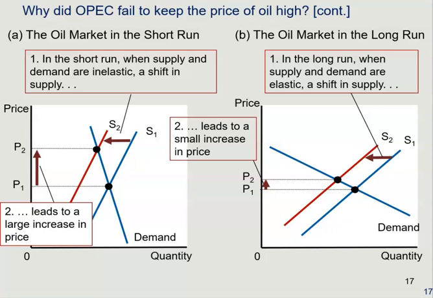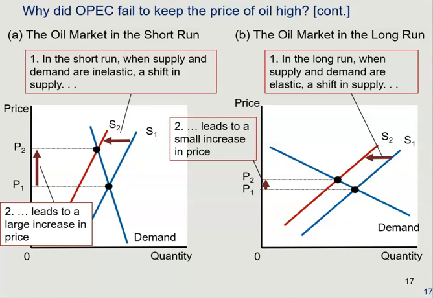Now here, if we shift the supply to the left by the same degree, from S1 to S2, you would find that the price increase is going to be much smaller and the drop in quantity demanded becomes more significant.